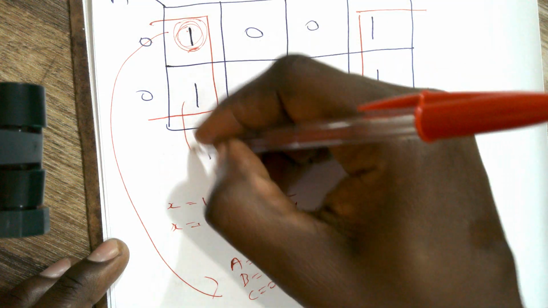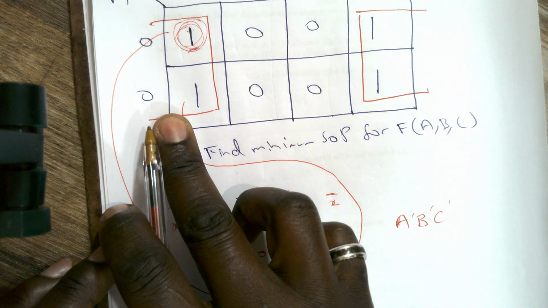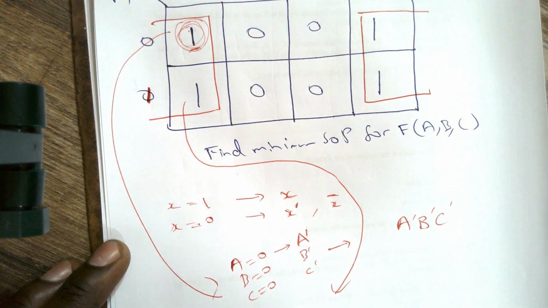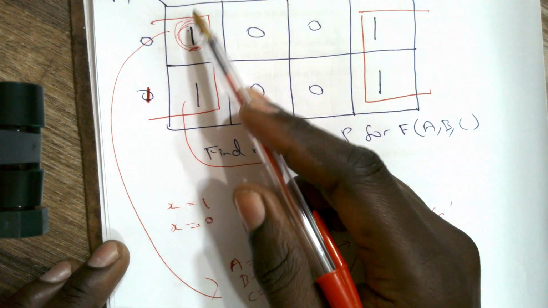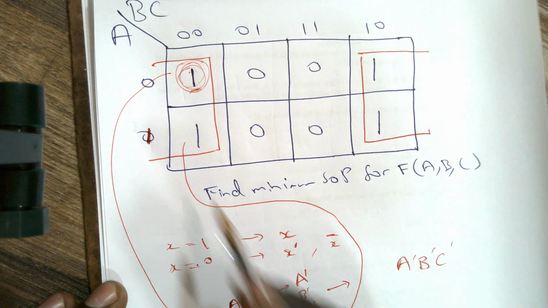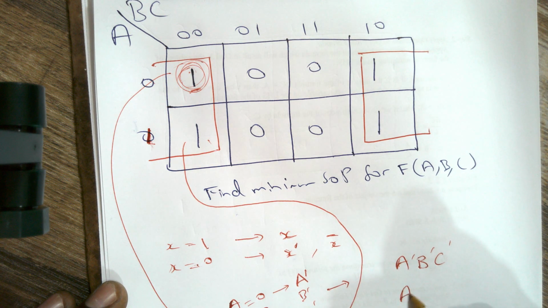What about this one here? A is equal to 1, sorry, there's a little correction in this Karnaugh map. A is equal to 1, B is equal to 0, and C is equal to 0. So that expression for this one is going to be A, B prime, C prime.